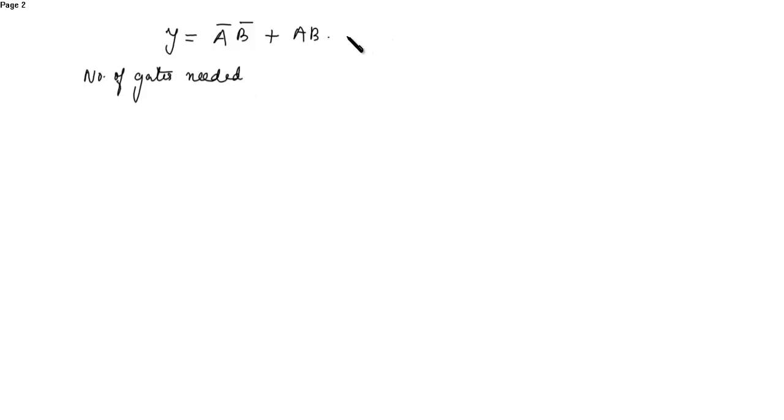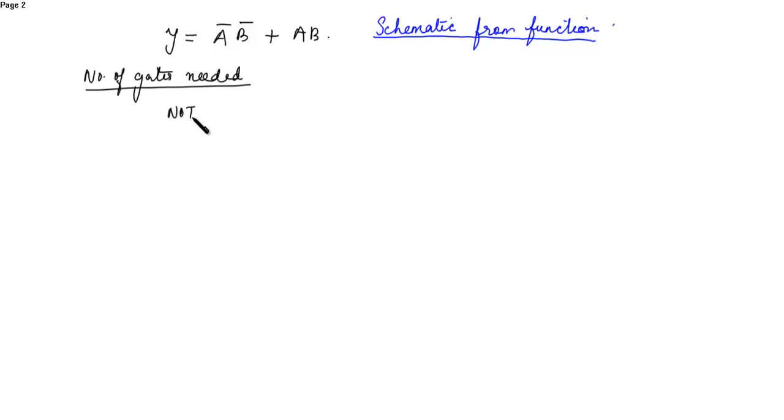If you try to draw the schematic keeping in mind the function, then the number of gates needed: NOT gate will be 2 for A bar and B bar.